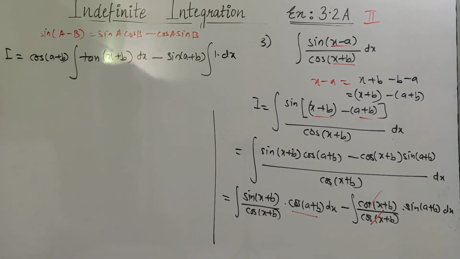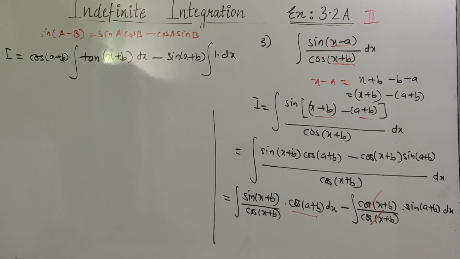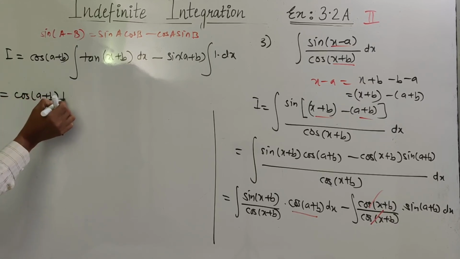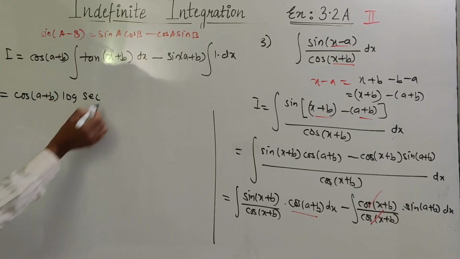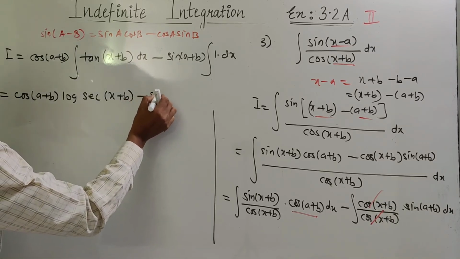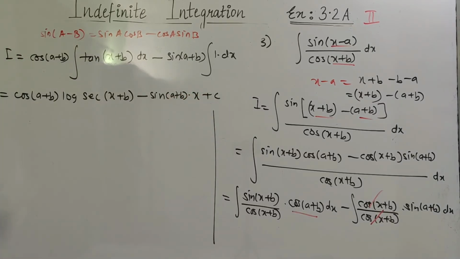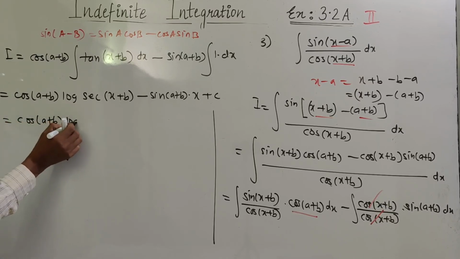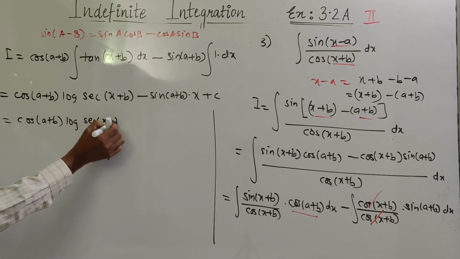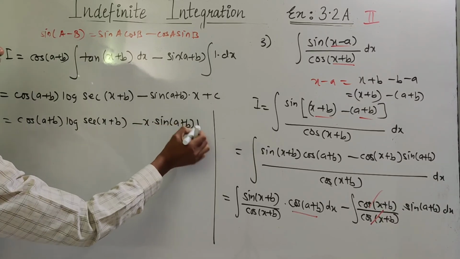Its integral is x, and integral of tan is log of sec. So this will be cos of (a plus b) log of sec of (x plus b) minus sin of (a plus b) into x plus c, which can be arranged as cos of (a plus b) into log of sec of (x plus b) minus x into sin of (a plus b) plus c.